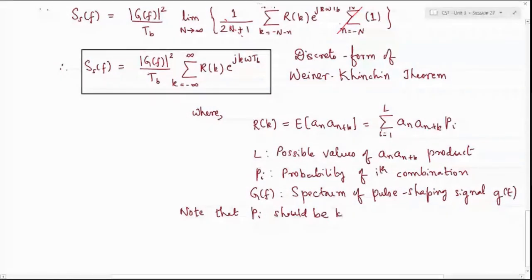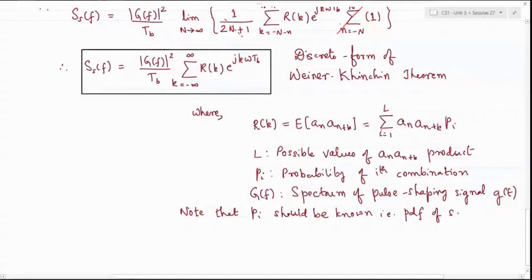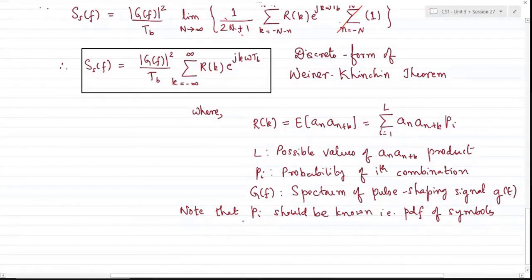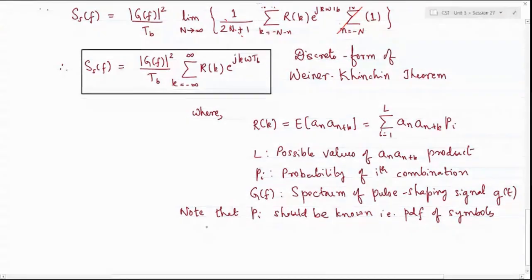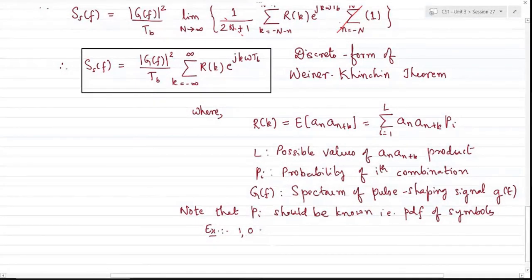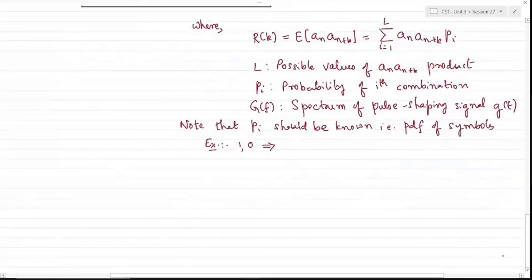Okay, what do you mean by this pi being a probability? It is simply the PDF of the symbols. If it is simply a binary sequence of ones and zeros, it's simply the binary symbols that you have encoded and are trying to shape into pulses. So the PDF is a discrete PDF. Remember, it's not a continuous probability distribution function. This is your discrete probability density function for equiprobable symbols ones and zeros.